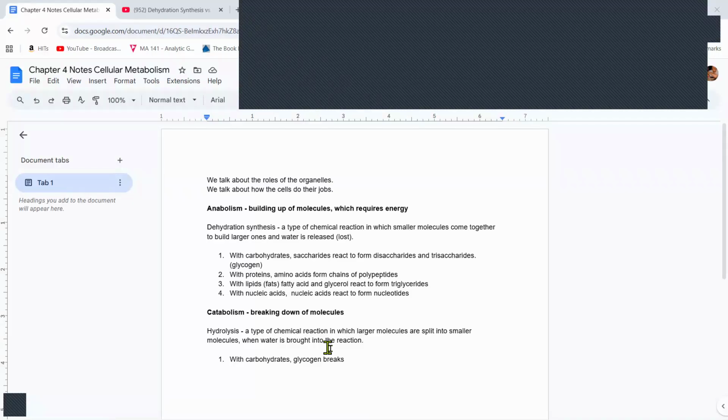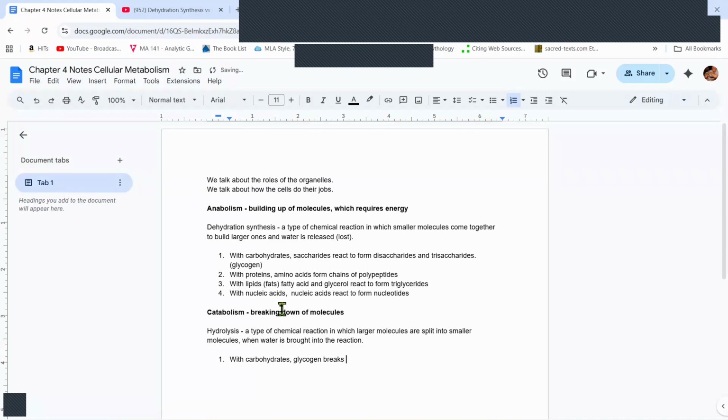So with carbohydrates, glycogen breaks down into simpler saccharides.